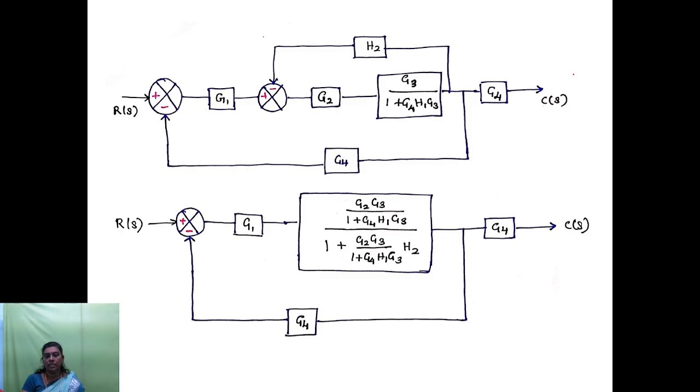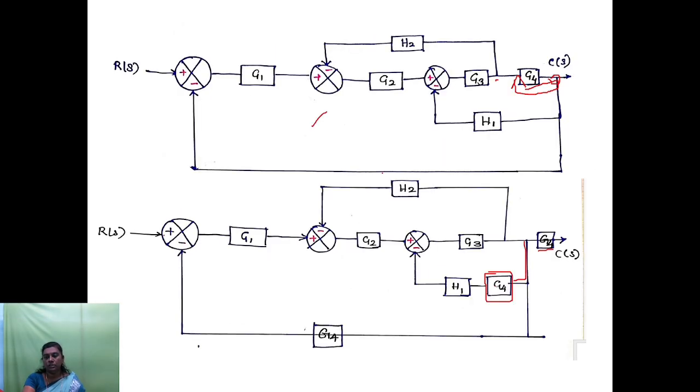In the next case, I am going to reduce this feedback path. So this is one feedback path, and this is a negative feedback path.